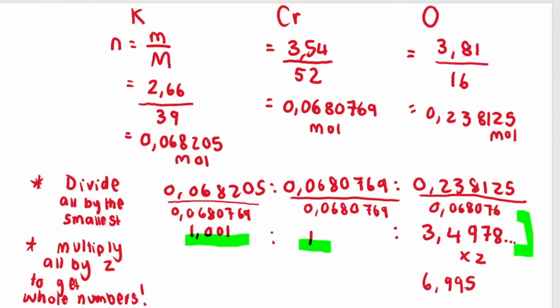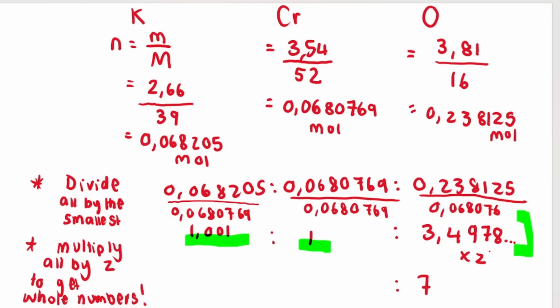Now, grade 10s, 11s, and 12s, because that is extremely close to 7, I can round that up to 7. Now that I've gotten rid of that 0.5 decimal, I can delete that 6.995 and make it 7. So there we go. We've got our first whole number, 7.